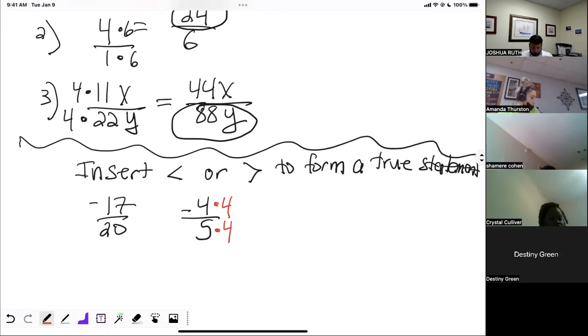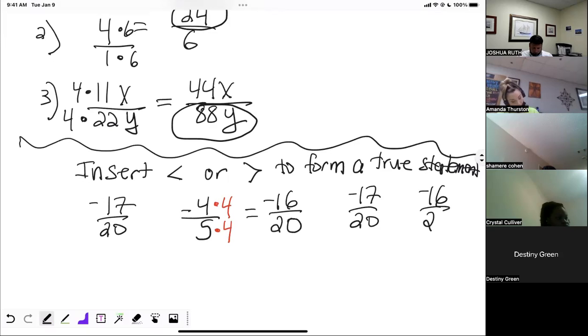So now what I really have when I change it is negative 16 over 20. So let me rewrite it here. So we put them together so you can see it a little bit better. They have the same denominator. So then you just compare the numerators. Which number is bigger or which number is smaller? Is negative 17 smaller than negative 16?